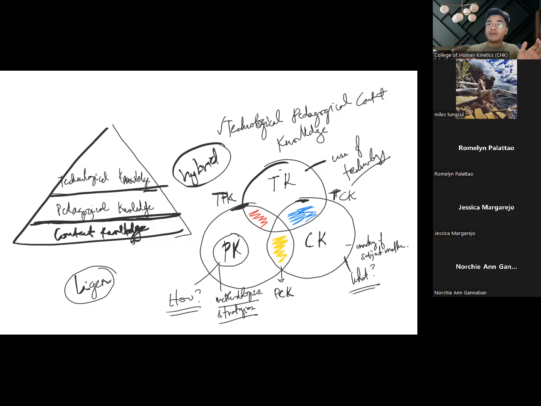So it is a combination of knowing how you will deliver your teaching and what technology you will use in order to implement your strategy or methodology in teaching. So, halimbawa, kung ako ay gagamit ng Zoom at sabi ko magle-lecture lang ako ngayon, and I would just be, you imagine me just facing all of you without any writings on the slide.